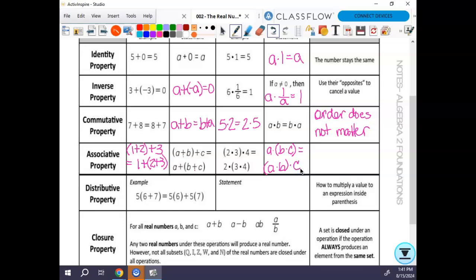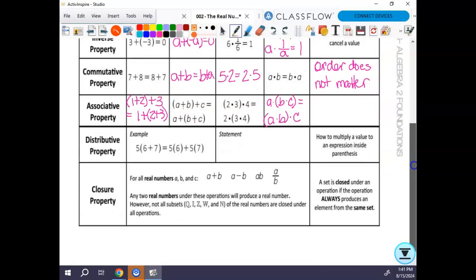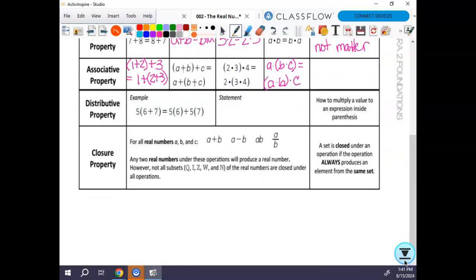So just kind of as a little side note, let's think about if I was going to have to multiply 17 times 5 times 2. Some people multiply in order no matter what. Do you automatically know what 17 times 5 is? Probably not. But if I did this instead, what's 5 times 2? 10 times 17 is 170.